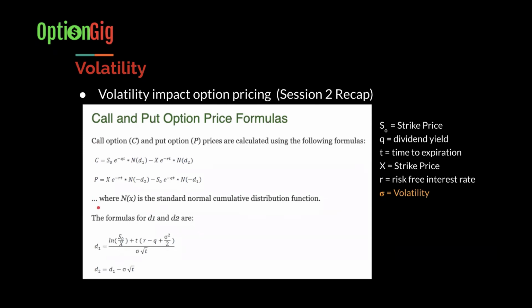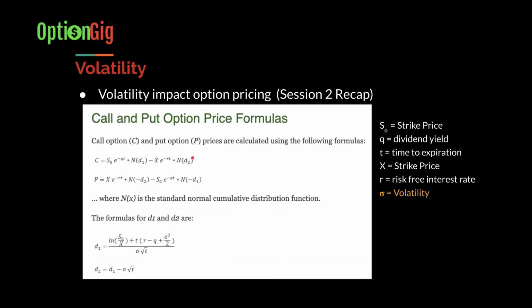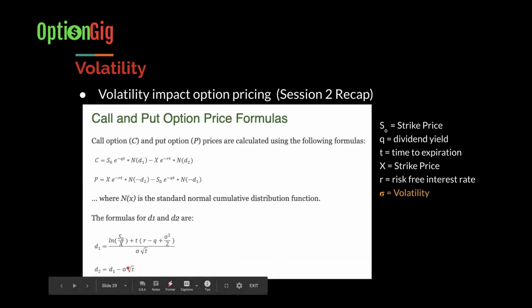The only reason why I put this over here is the sigma, which denotes the volatility. You can see that when you calculate your option pricing, let's say for call option pricing, your blah, blah, blah into D2, where you have a sigma, and again for D1, where you have a sigma, which is volatility.